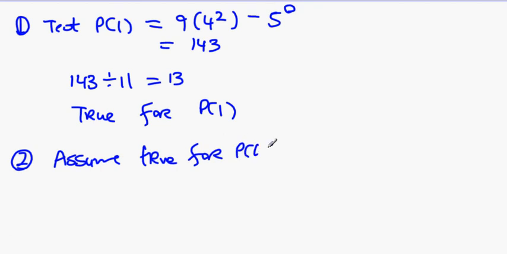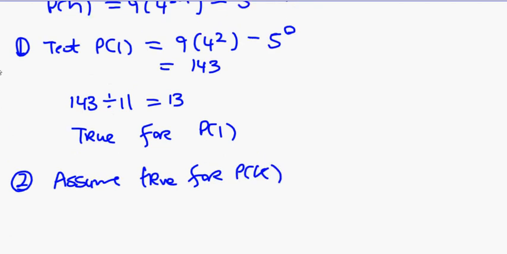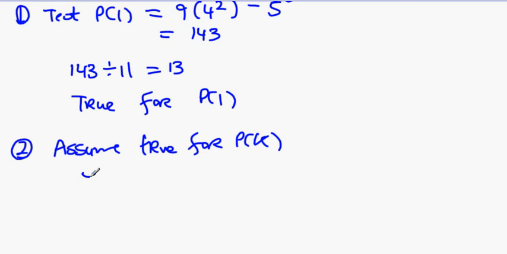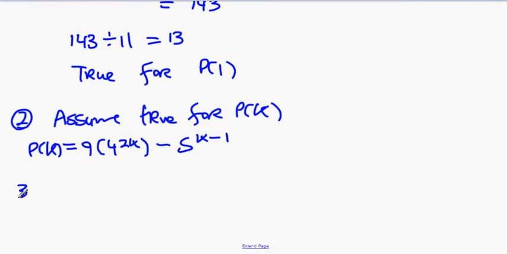Now when we assume true for P of k, it is 9 by 4 to the power 2k minus 5 to the power k minus 1. Now step 3 is to test for P of k plus 1.